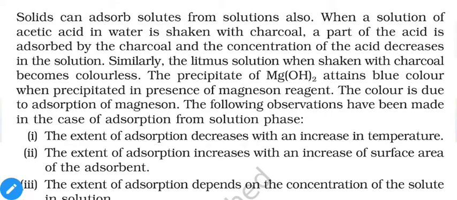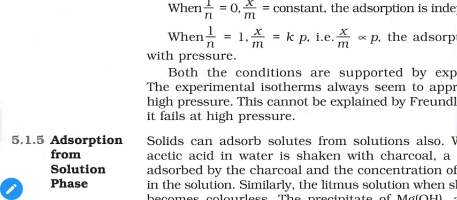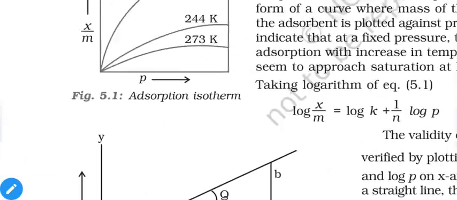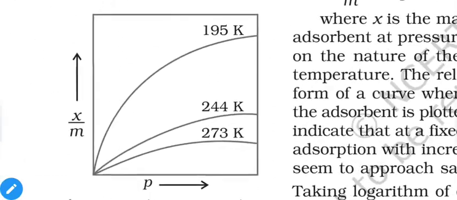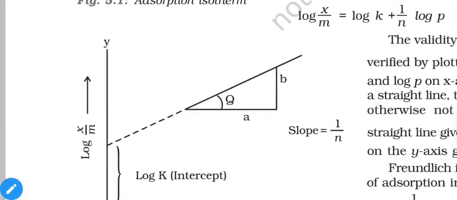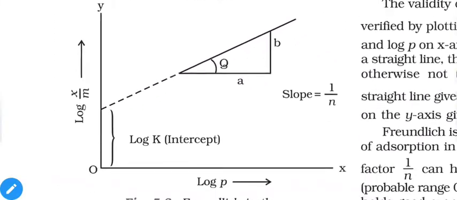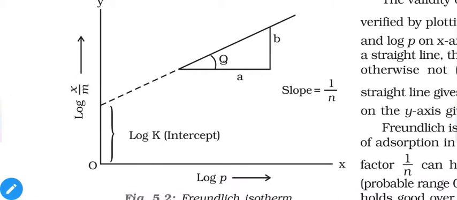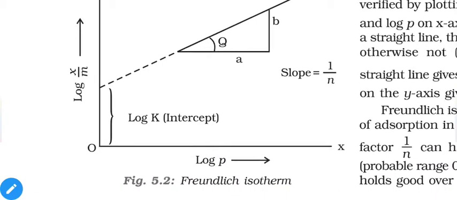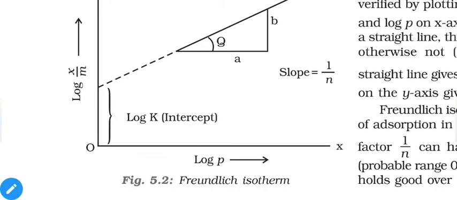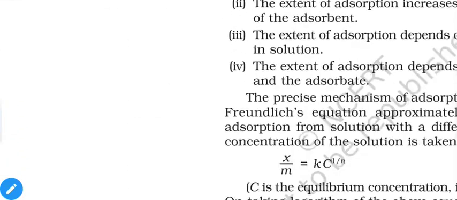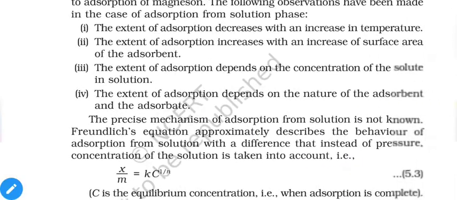Suppose you want to obtain the Freundlich adsorption isotherm, that means we want to obtain this graph or this graph. Both require values of x/m versus pressure. That means you can measure the pressure of the gas at different values, and then we can plot this graph.